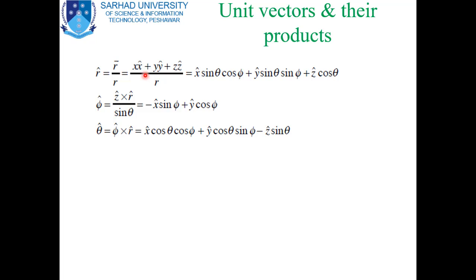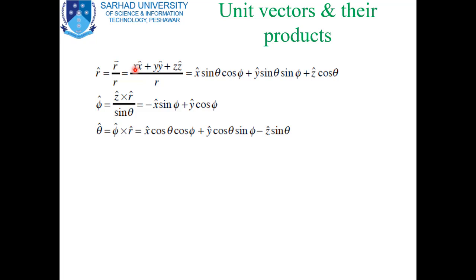Remember that we have studied in our lecture the unit vector is x ax plus y ay plus z az. So x cap, y cap and z cap are similar as ax, ay and az. And in lecture we have studied that the x in the spherical coordinate can be written as r sin theta cos phi.